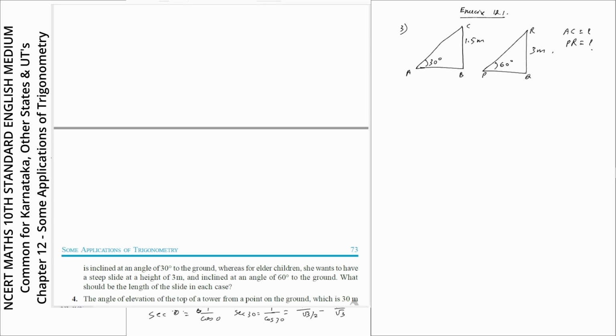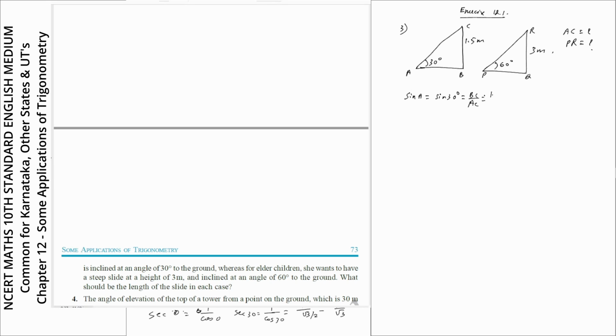Now in the first case, with respect to angle A, what is sine of A? Sine of angle A is sine of 30 degree. So with respect to angle A, sine of angle A is opposite by hypotenuse, that is BC by AC.